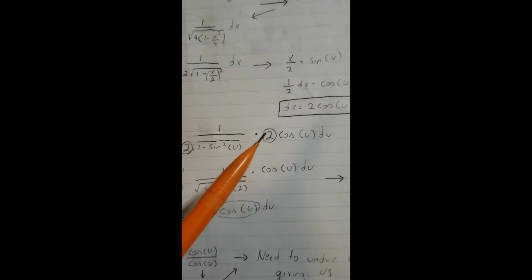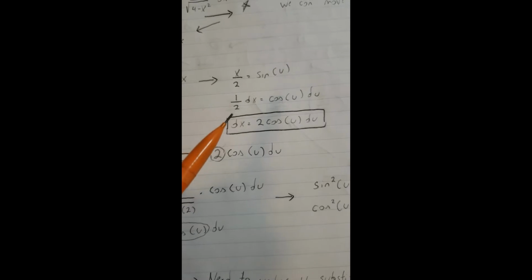And then, because we took the derivative, as you can see in the steps below, we took the derivative of this, we ended up having 2 times cosine u du.